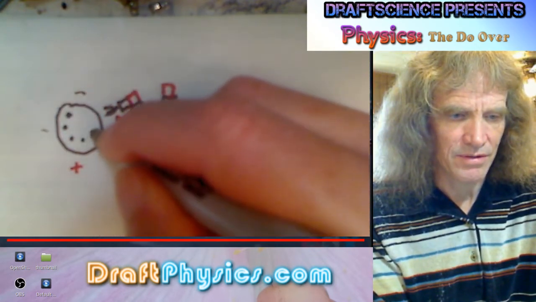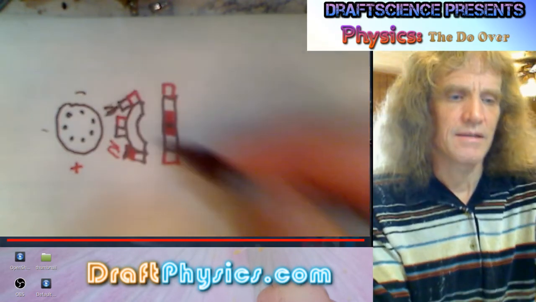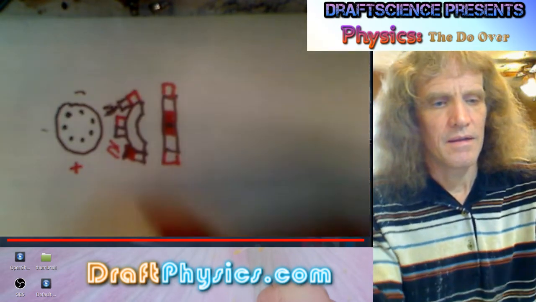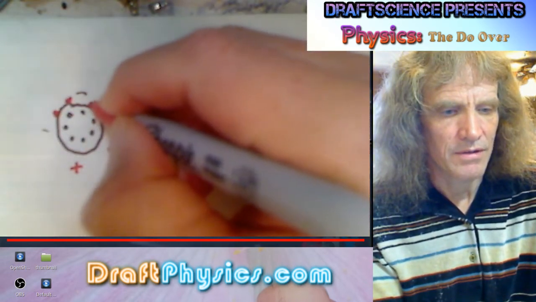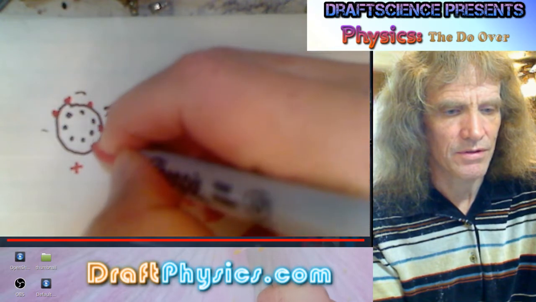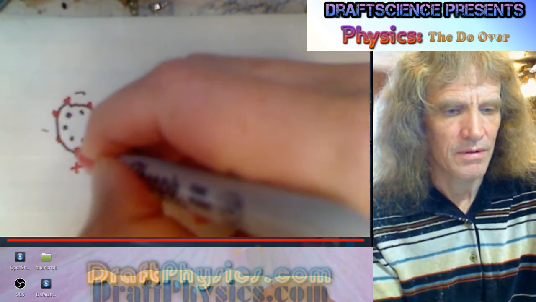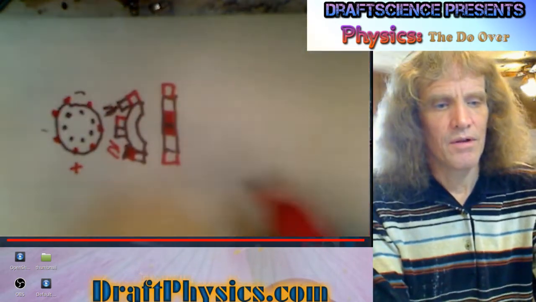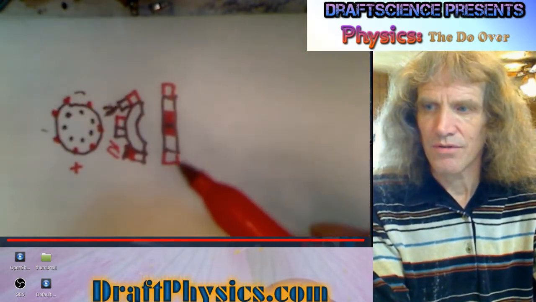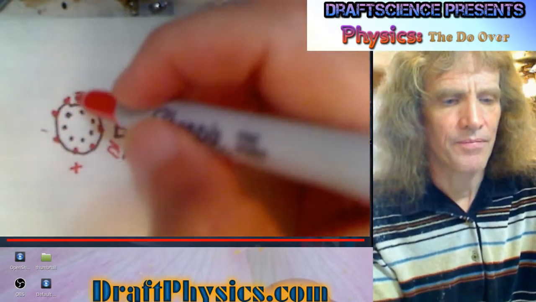And so really what you're deciding is whether the positive or the negative ions are on the inside, and the negative ones would be on the outside, or vice versa, depending on which way the current's going. And so that's the right-hand rule, is there is a certain rule about which way it tends to go, like there's a certain rule about which way water goes in a toilet, for example.